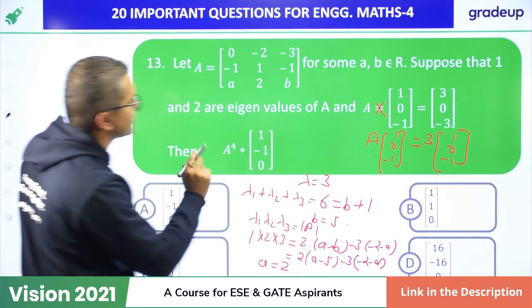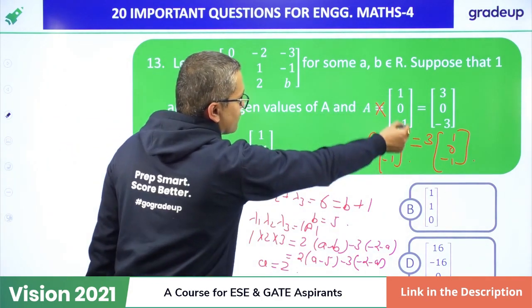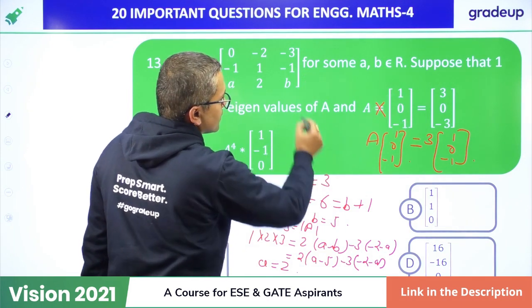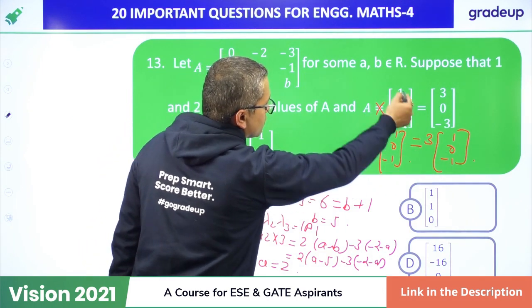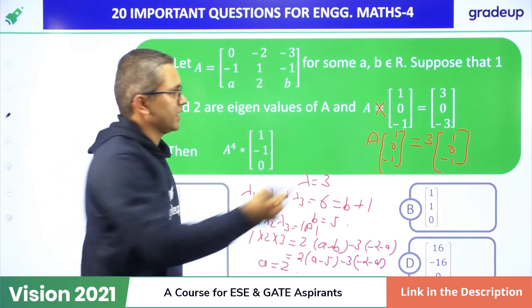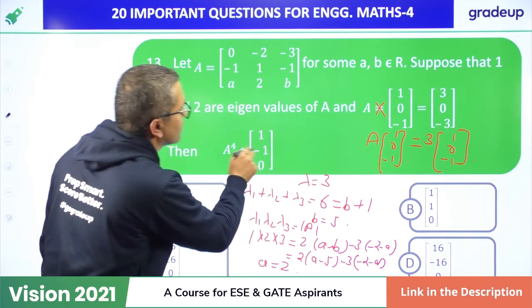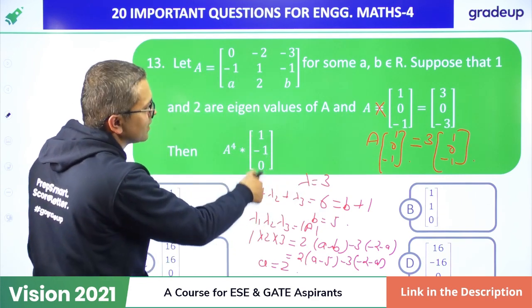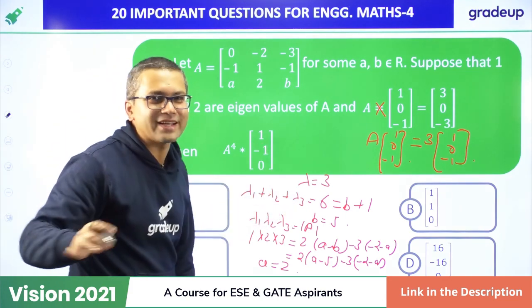All right. Now let me check, because this is an eigenvector of A, because this is Ax equal to lambda x, right? So 1, 0, minus 1 is the eigenvector of A. Let me check if this is also an eigenvector of A, because this looks like one. Eigenvectors are almost similar types.